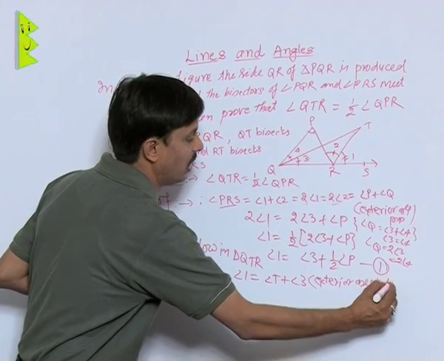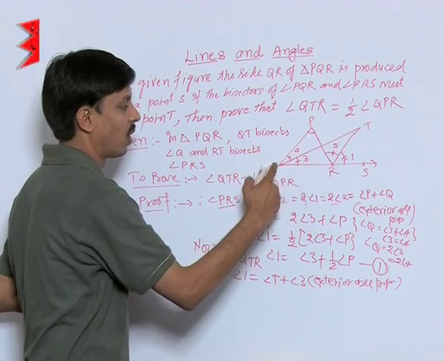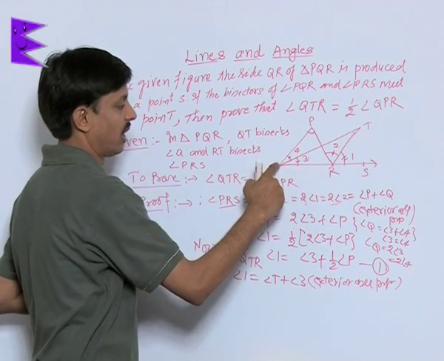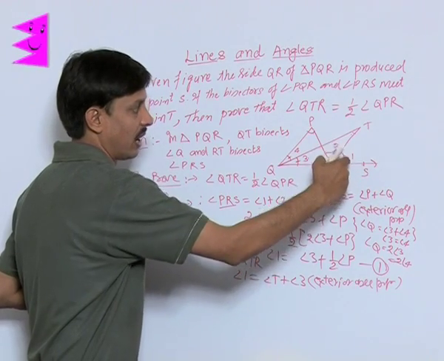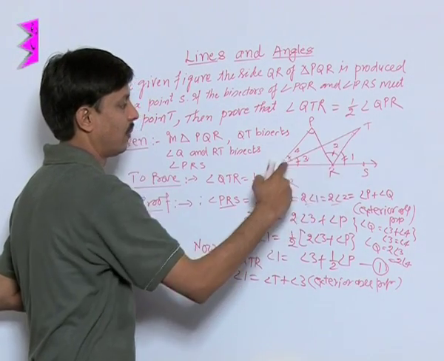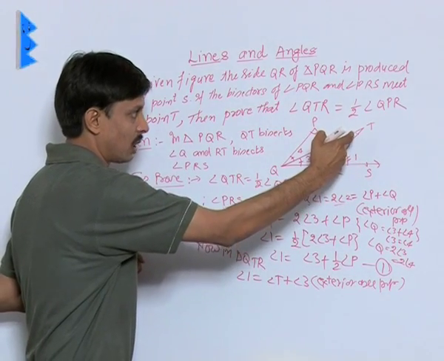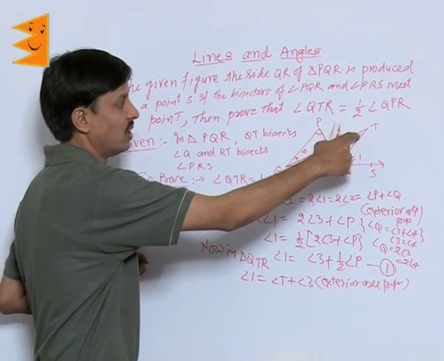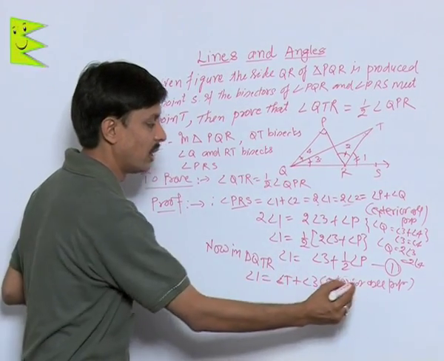RS is extended, so angle 1 is the exterior angle for triangle QTR. Angle 1 is the sum of the two opposite interiors, which are T and 3. So this becomes angle T plus angle 3.